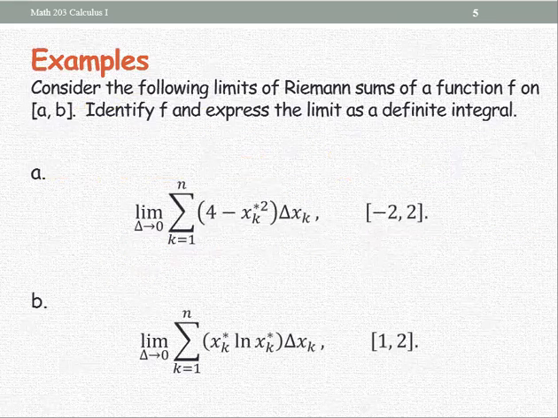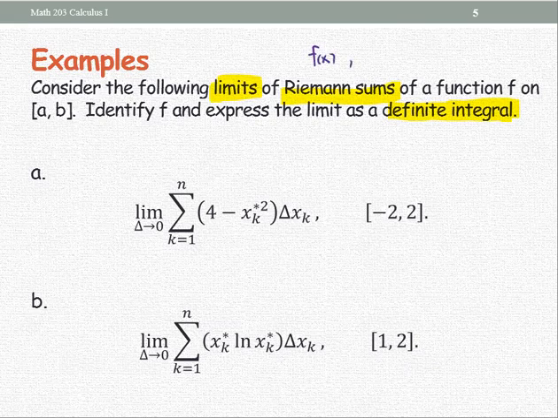Okay, so we're going to transform the notation of the limit of the Riemann sum into the definite integral notation. So you see the limit of the Riemann sum, and we're going to rewrite it and express it in the definite integral form. What we have to do is know the function. As a Riemann sum, we need the function, right?